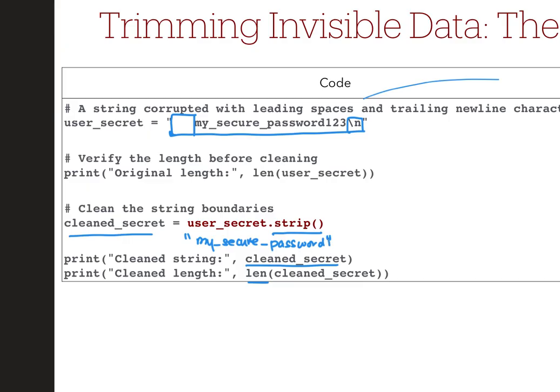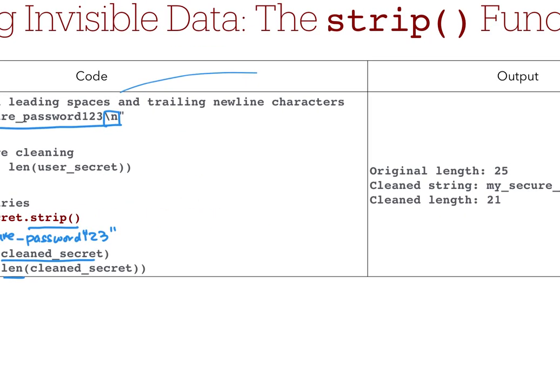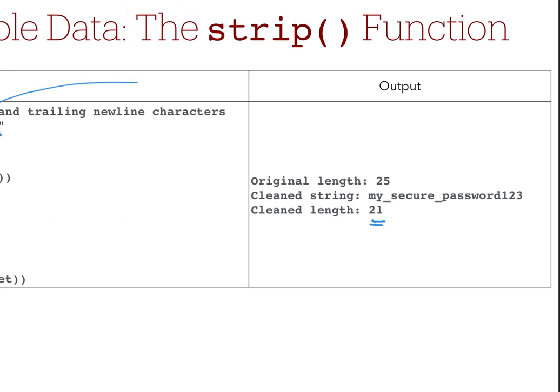There is 1, 2, 3, so it will count the number of letters inside of this my secure password, and it eliminated the spaces in the beginning and new line character. So 3 spaces and 1 new line character were removed. The original expression consists of 25 letters, including the spaces, but after the elimination, you have only 21 letters.